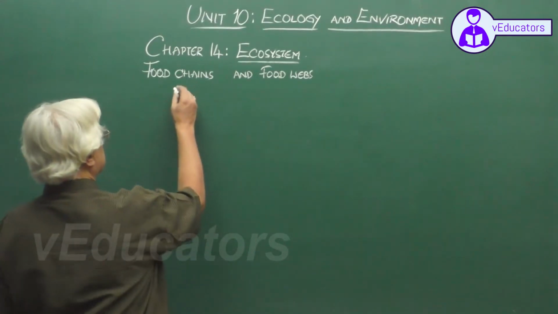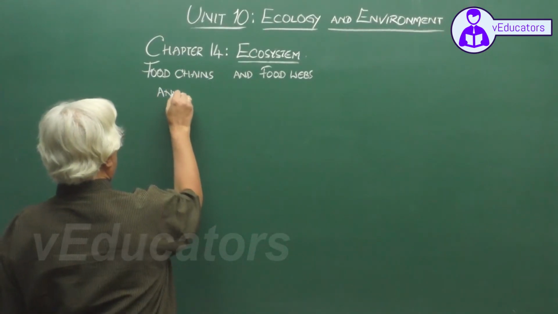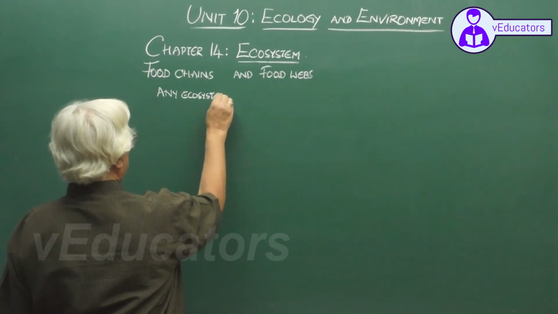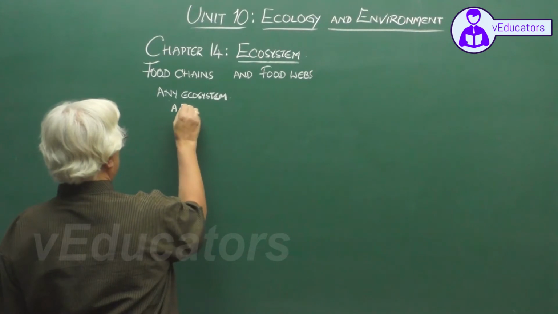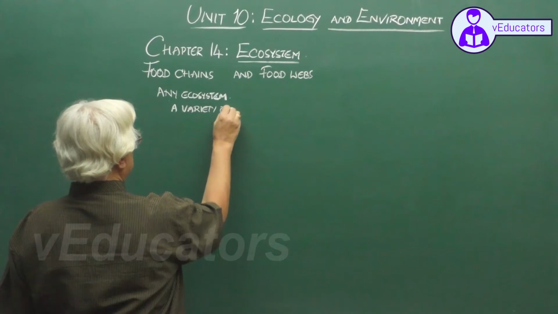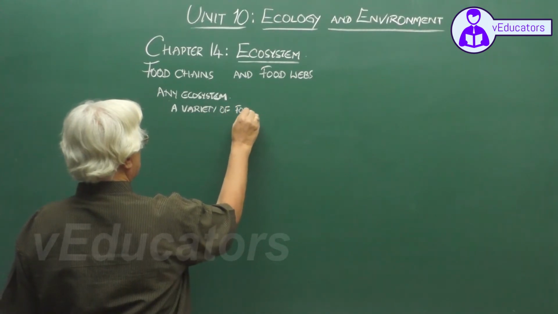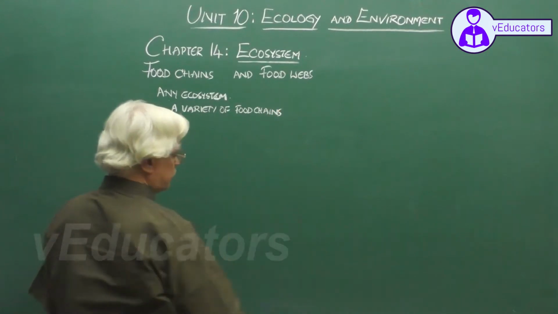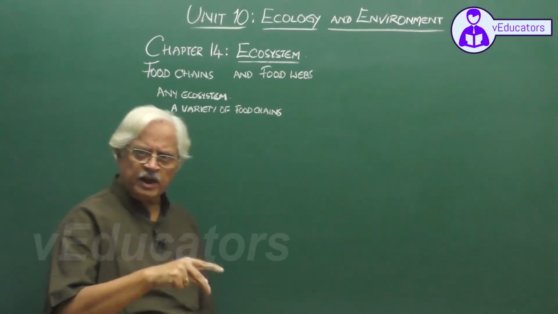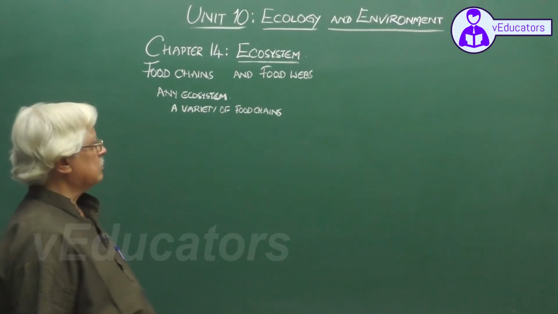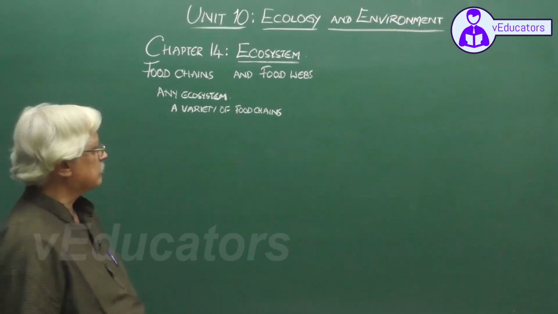Any ecosystem will have a variety of food chains, wherein one given plant can become linked to several primary consumers and so on.